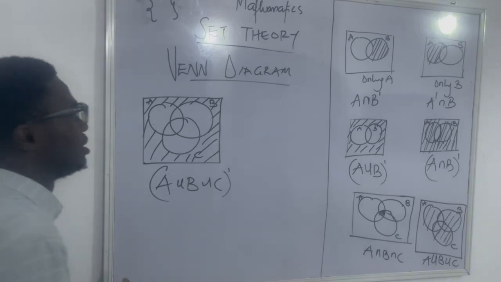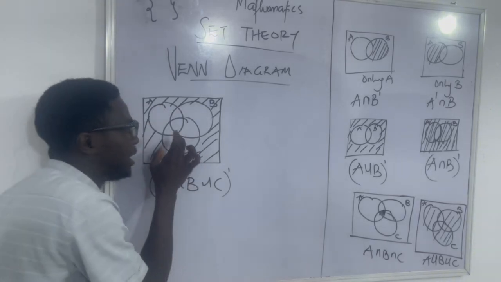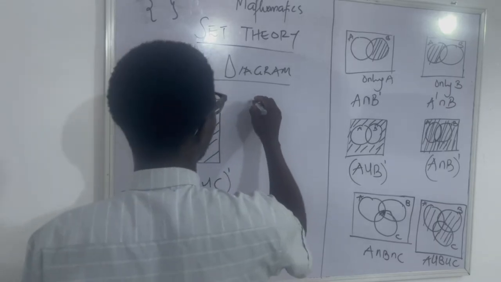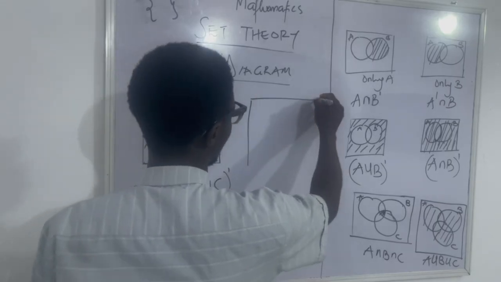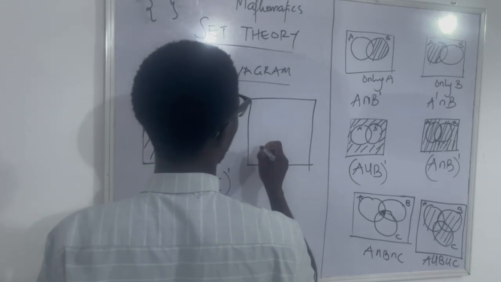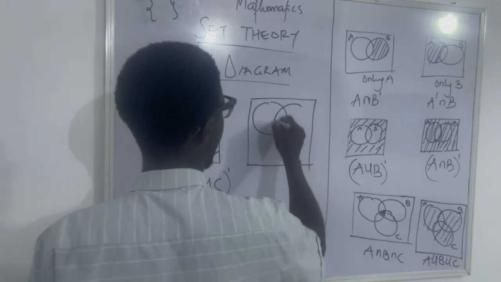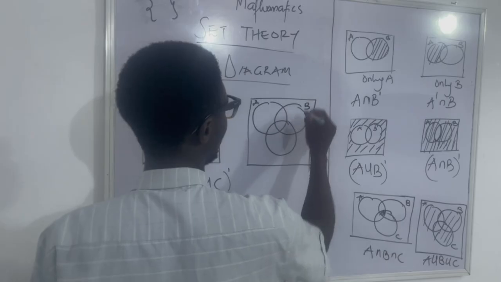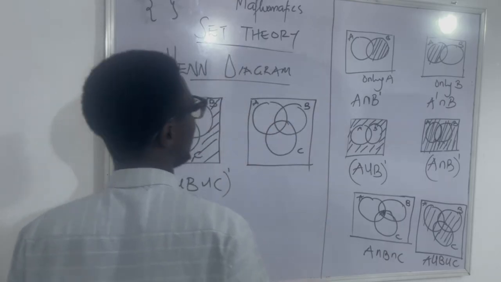Are we together? It has nothing to do with A, B, and C. So now, this is A, B, and C.